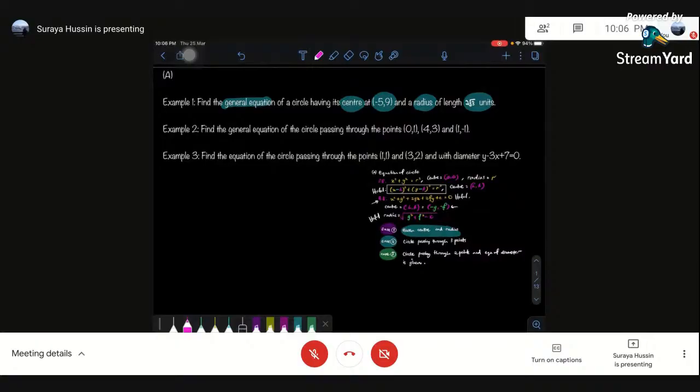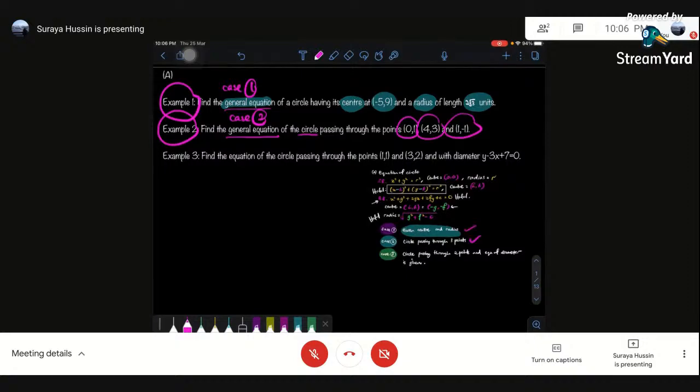Okay, dekat sini Miss nak fokuskan example 1, Miss nak merujukkan kepada case 1. Example 2, Miss nak merujukkan kepada case kedua sebab equation, yes, we are trying to find the GE, but we know that the circle is passing through 3 points. So this is case 2.